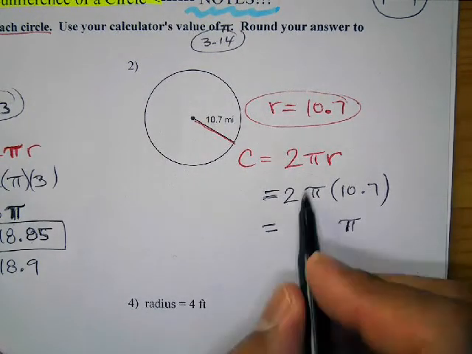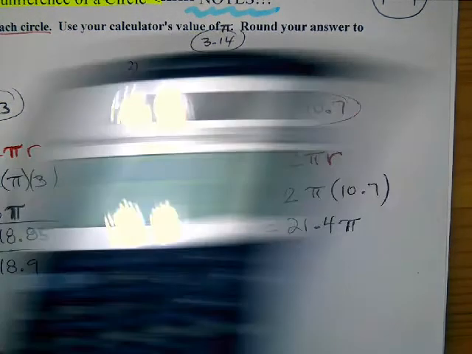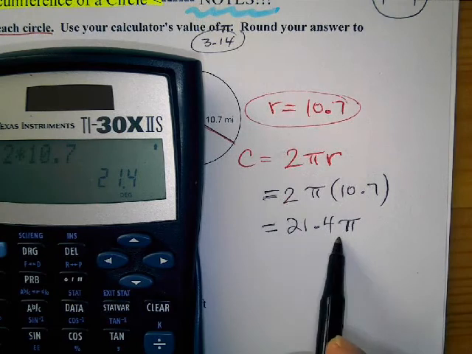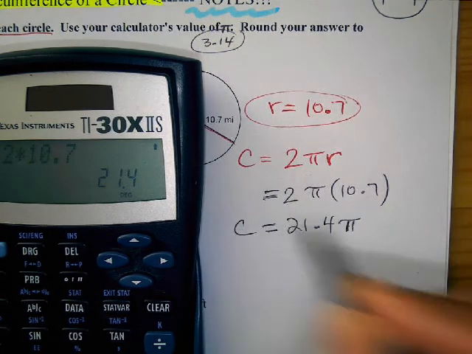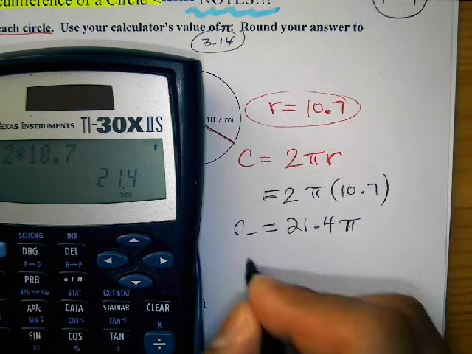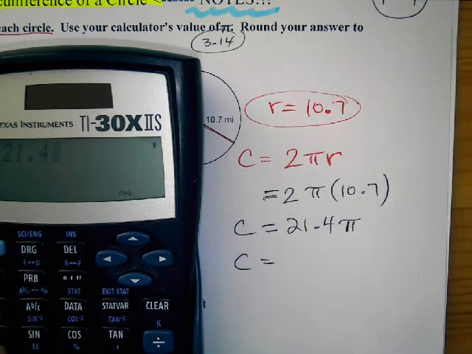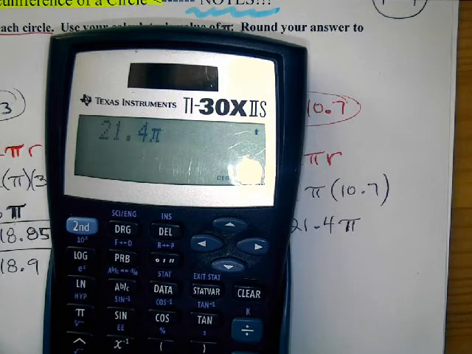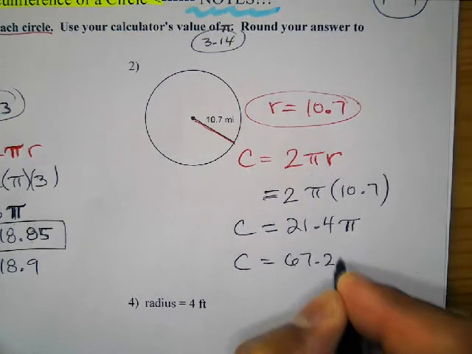You might see the answer as 21.4 pi if they don't multiply the pi, because 10.7 times 2 is 21.4 without multiplying the pi. But we are going to multiply the pi for the circumference. You're going to get 21.4 times pi, hit equals: 67.23.